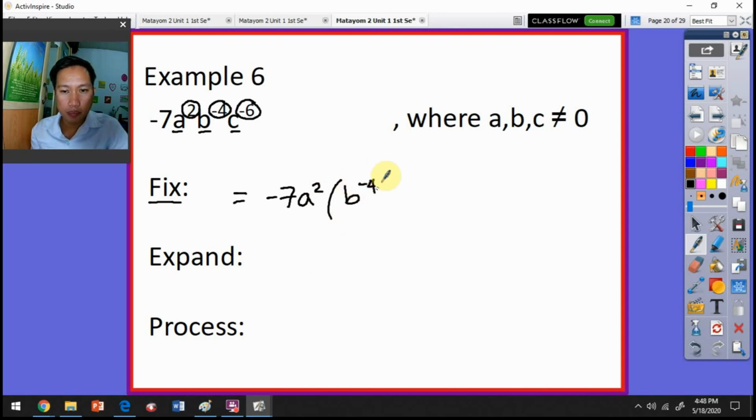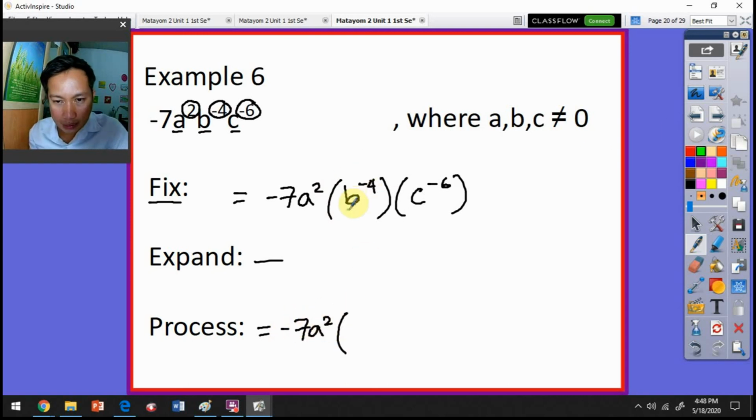Okay, we will separate b to the power of negative 4 and c to the power of negative 6. No need for expand. So we will simplify this. Negative 7a squared. Now, base, exponent. All right, you have to flip it. So we have 1 over b to the power of 4. Base, exponent.